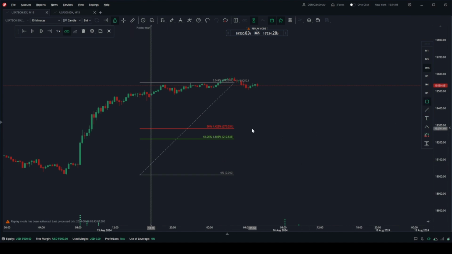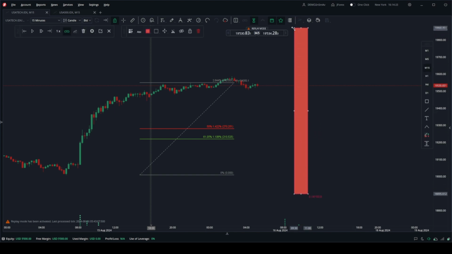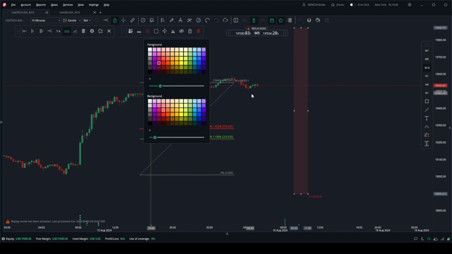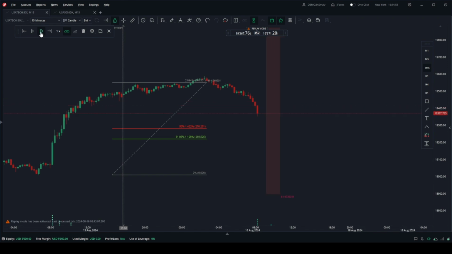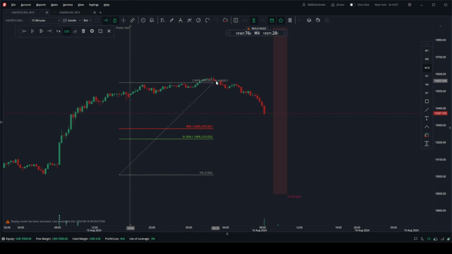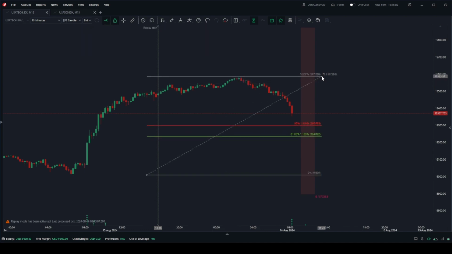As I told you, I trade around this window from 9:30 to 11. When we continue to play, you will see how it did retrace back, like right here. I needed the price to retrace to this 50%, but it didn't really go right here.